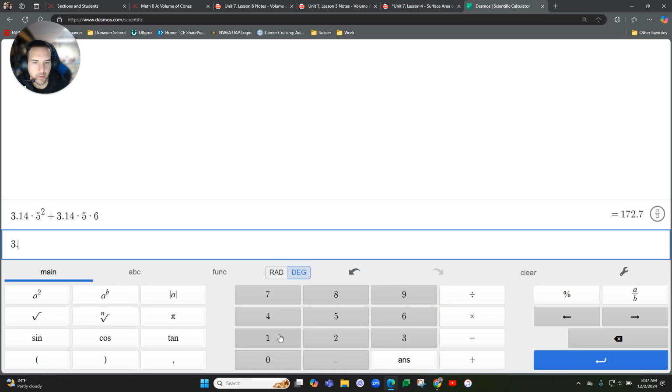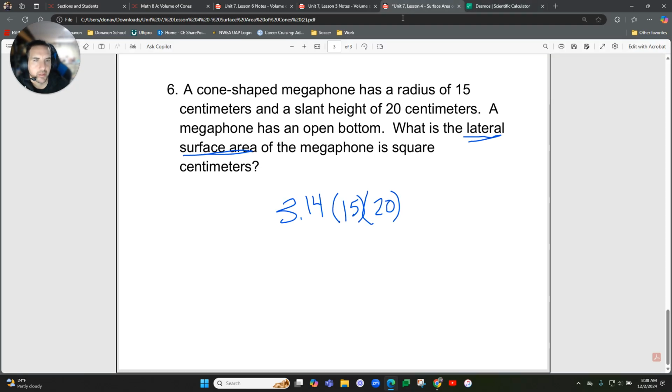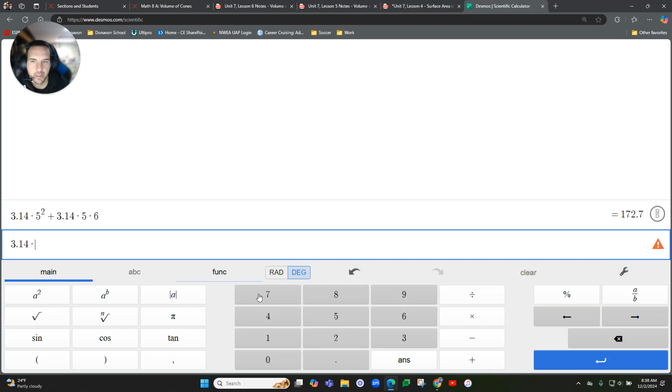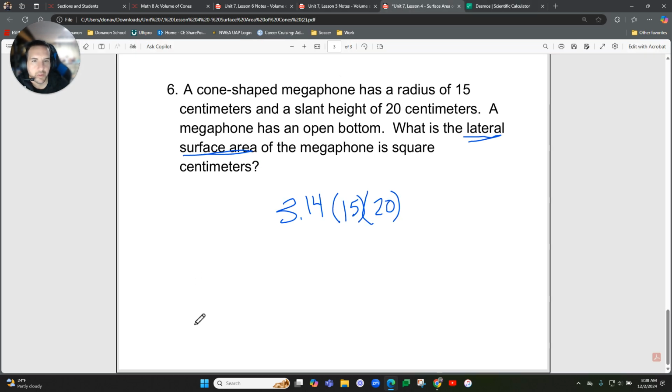So 3.14 times, I already forgot the numbers, 15 and 20. So that's just the lateral surface area. So that's 942. And in this case, it is centimeters squared.